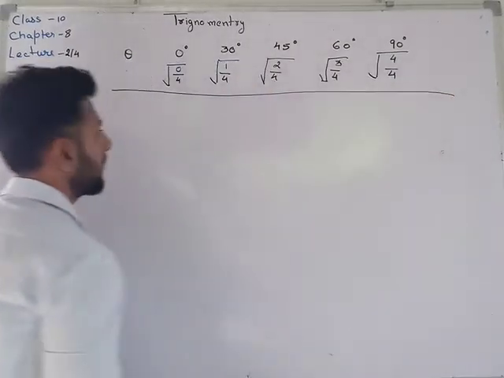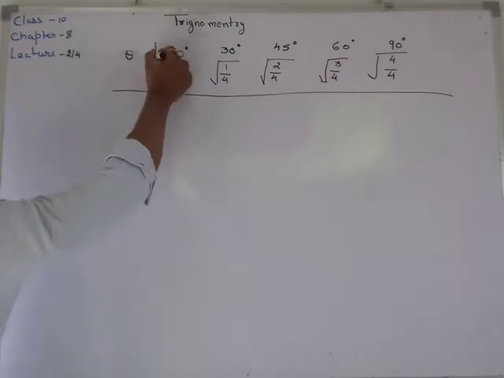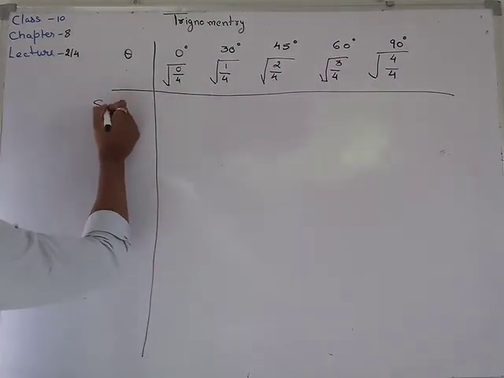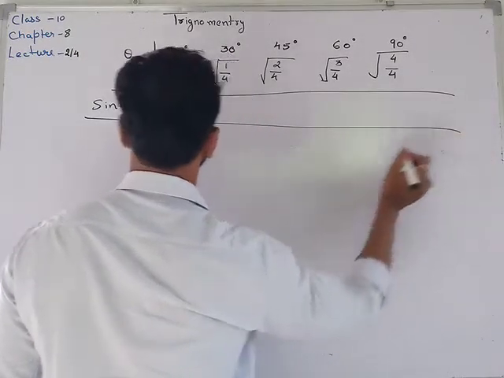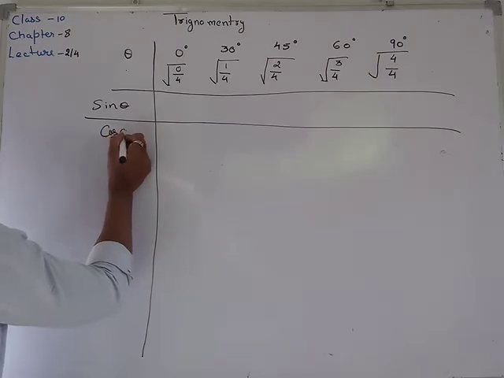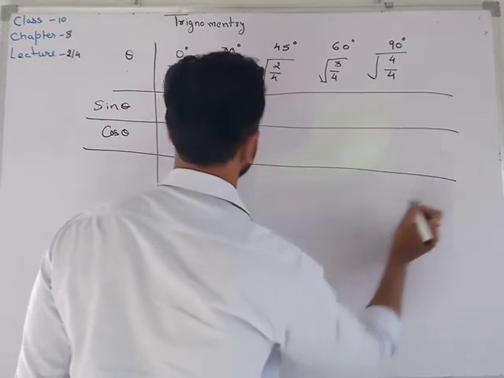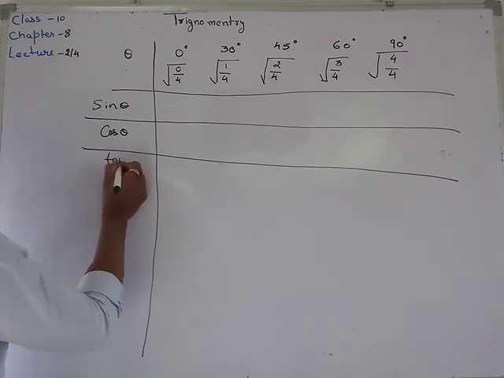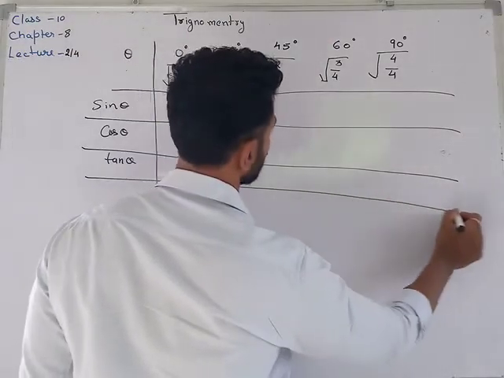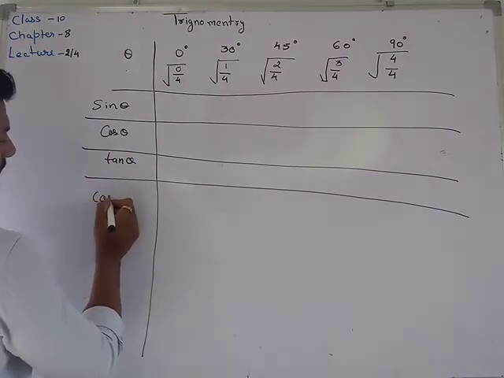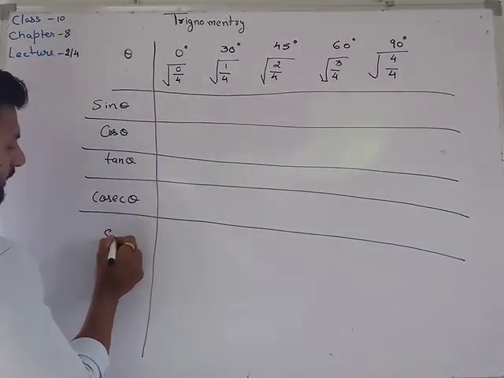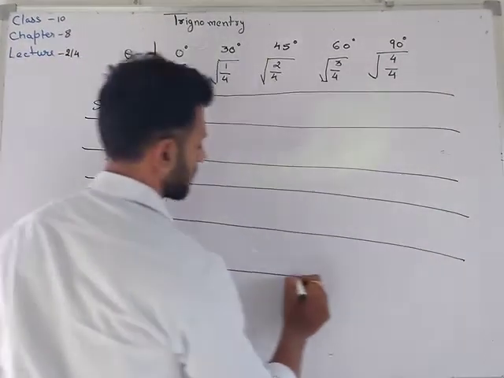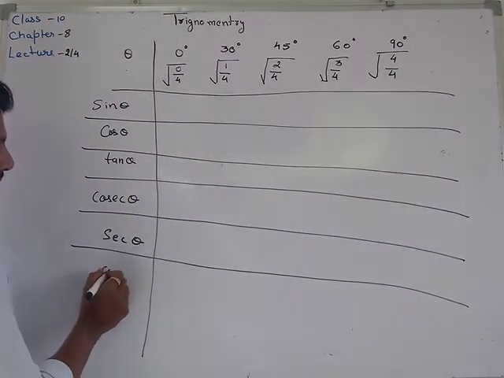After this, we have to write sin theta, cos theta, tan theta, cosec theta, sec theta and cot theta.